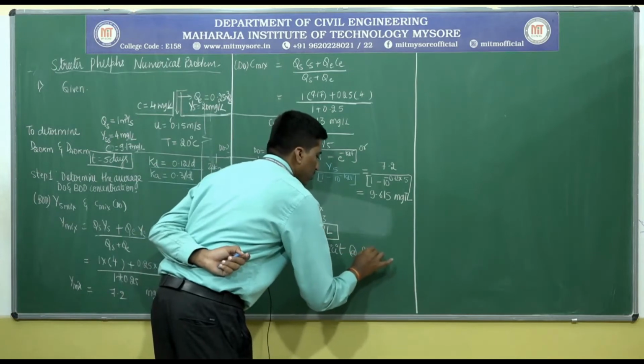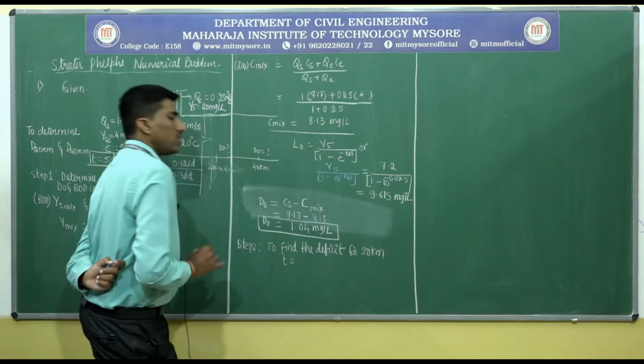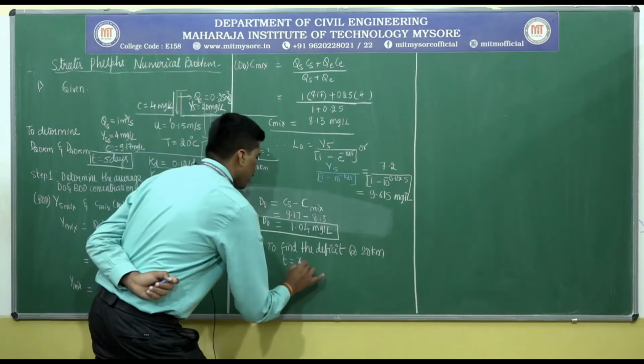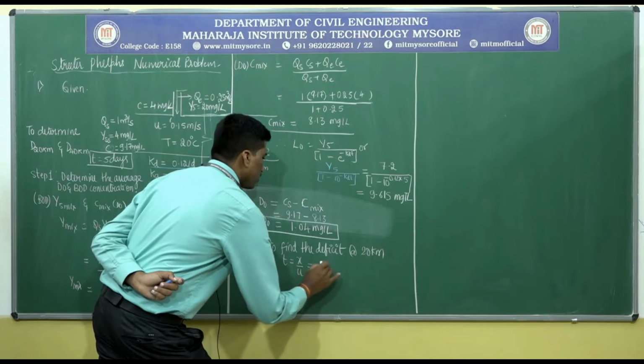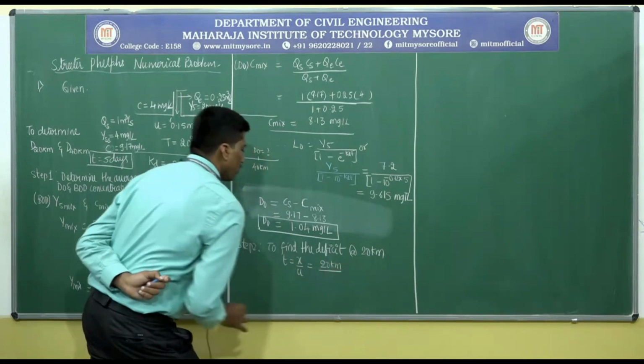T is nothing but x by u, where x is the distance given as 20 kilometers.